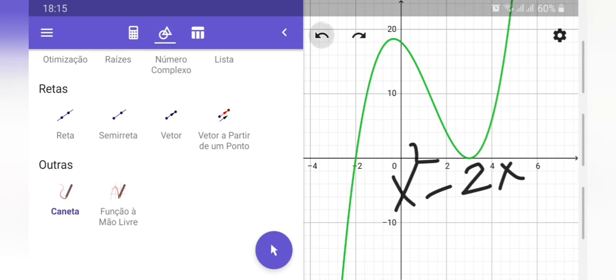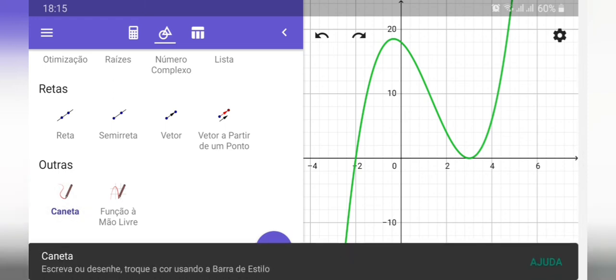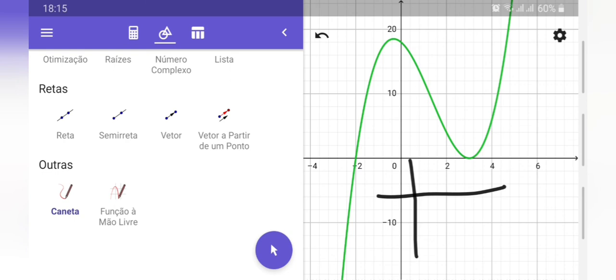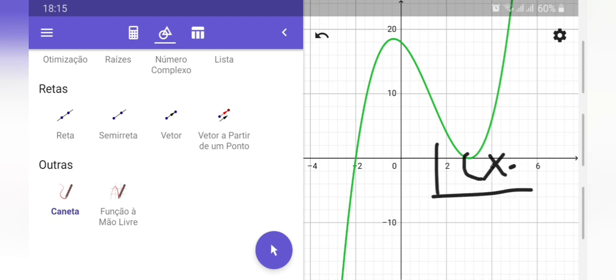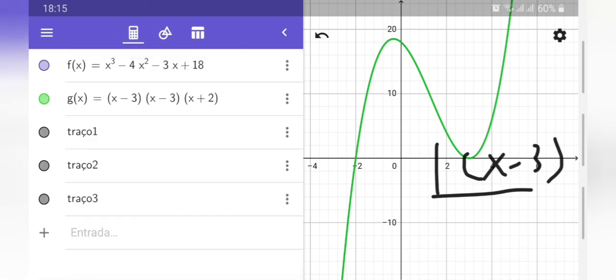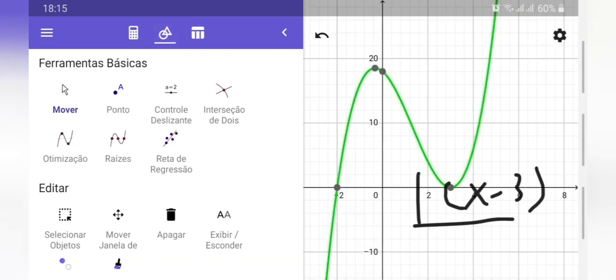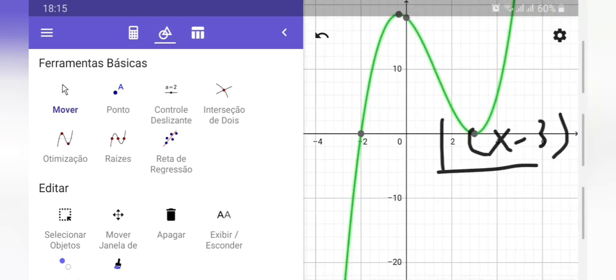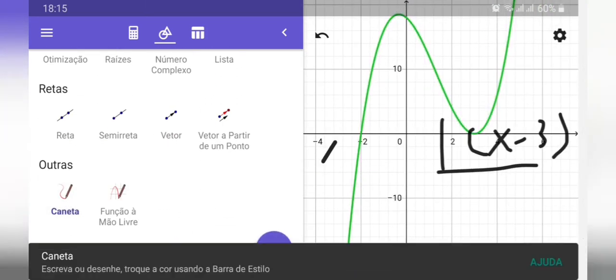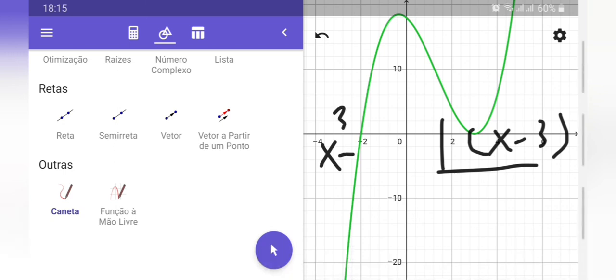And how we found the roots, remember there was an integral. Second thing, you can do it by the Briot method, or you can just divide. You know that the polynomial is divisible by x minus 3. Now you want to find the other factors, so you can divide the polynomials: x cubed minus 4x squared minus 3x plus 18.